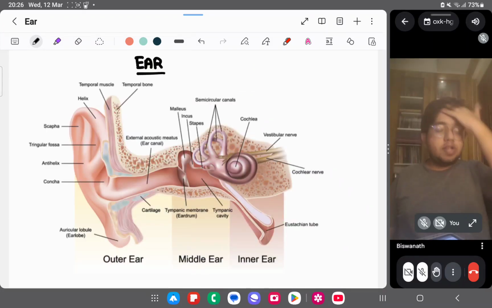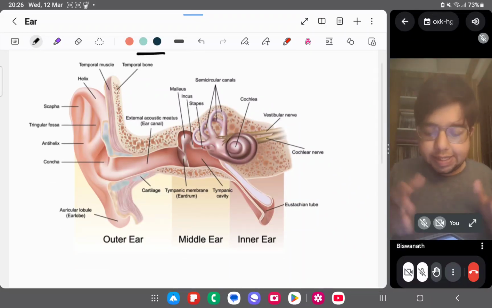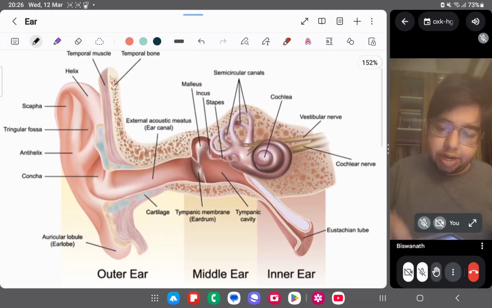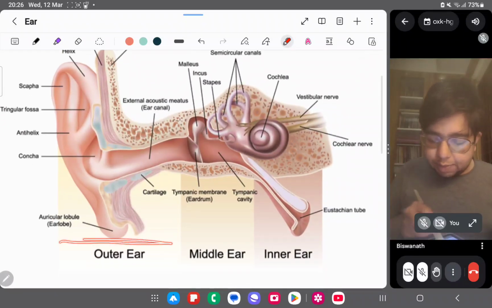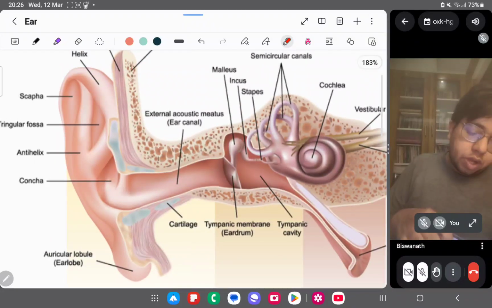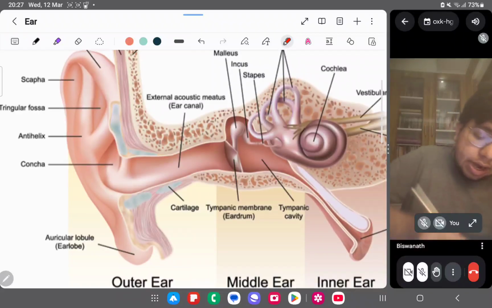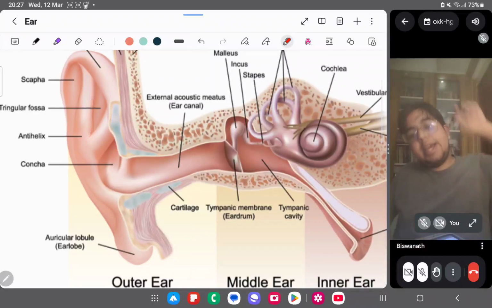On your screen is a diagram of the human ear, and you can see it is divided into an outer ear, middle ear, and inner ear. This part is the outer ear, this is the middle ear, and this is the inner ear. The outer ear has a helical part, the helix, and an anti-helix, which runs in a loop.